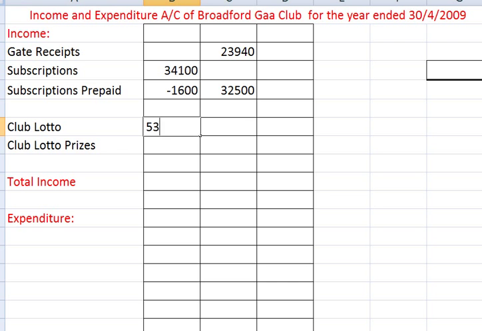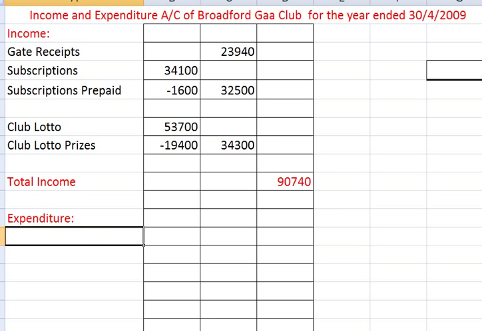So that was 53,700 minus the prizes of 19,400, giving a net total of 34,300. Adding our three net income figures together, we get a total of 90,740 for total income.